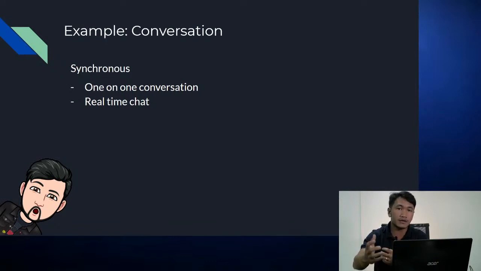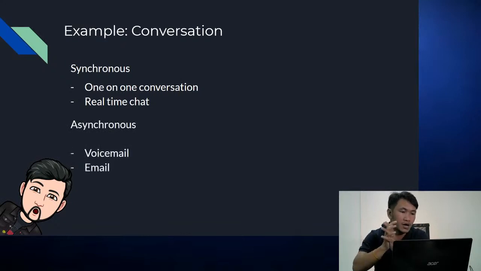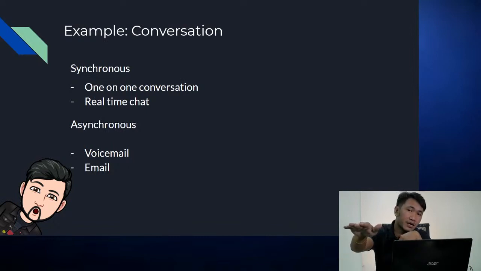That's a real-time conversation. While when we speak about asynchronous, one great example is an email. Email is a great example for asynchronous conversation. When you write an email to your client, you send the email, but you do not expect your client to respond immediately.